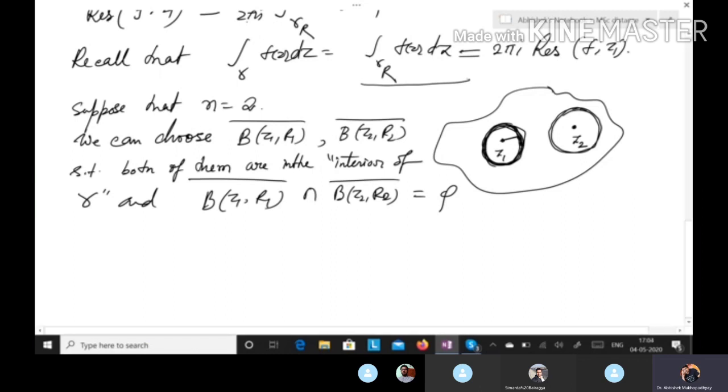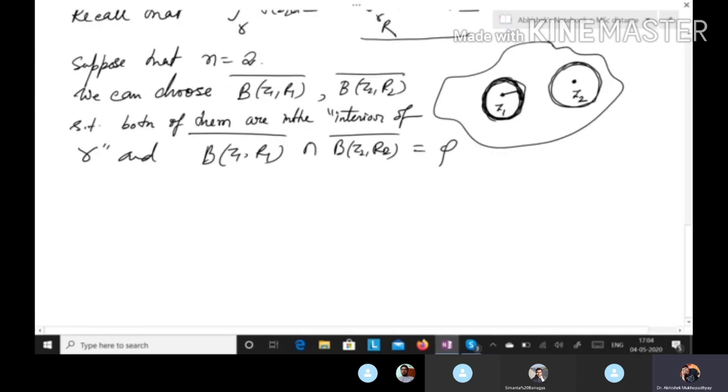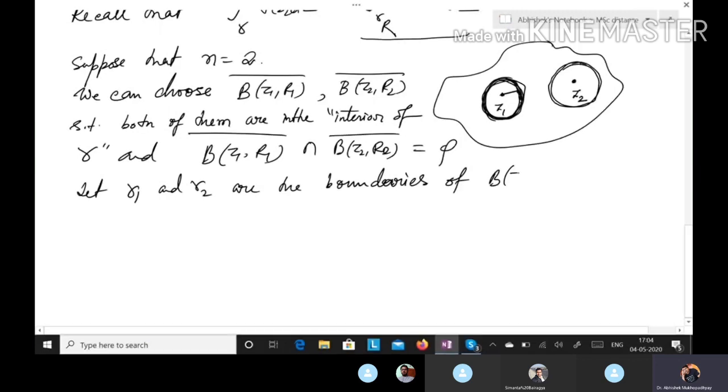So for that reason we are considering the closure. So let gamma 1 and gamma 2 be the boundaries of B(z1, r1) and B(z2, r2) respectively.